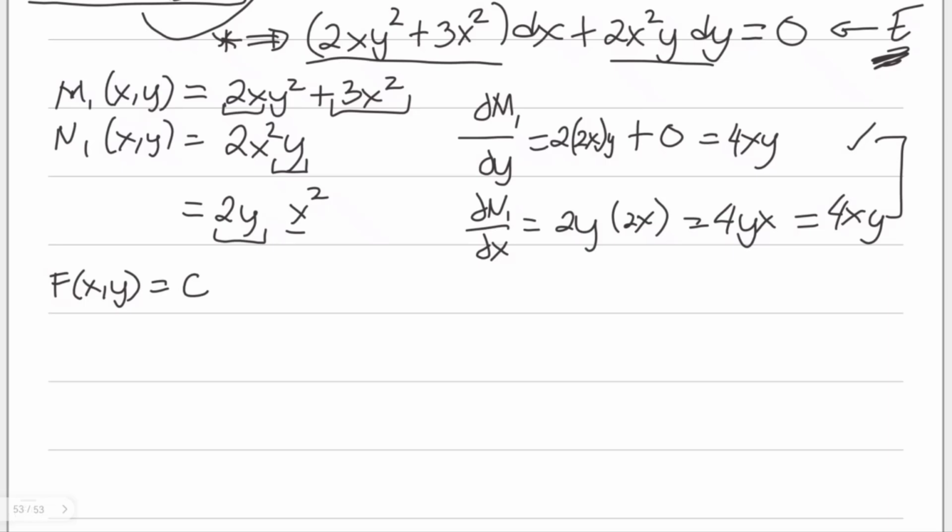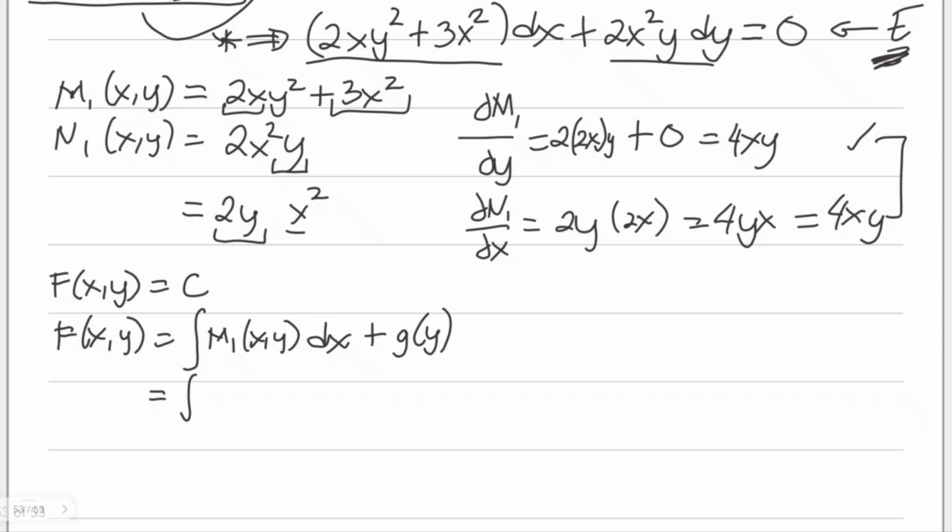So how do we solve that? There are two methods, but let's start with the first method. It's the integral of your M sub 1 of xy dx plus a certain g of y. So we are going to touch the idea of g of y and solve for that as well.